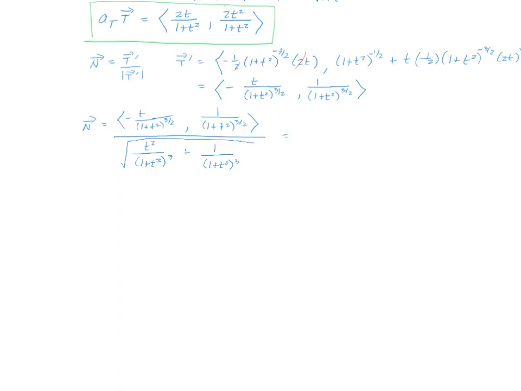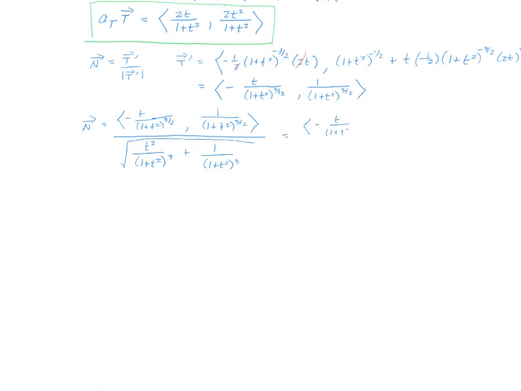Let's see. So the numerator stays the same. The denominator is going to be t squared plus 1 over 1 plus t to the third. Can cancel to get 1 over 1 plus t squared squared, and then square root. I'm doing a lot of this in my head.